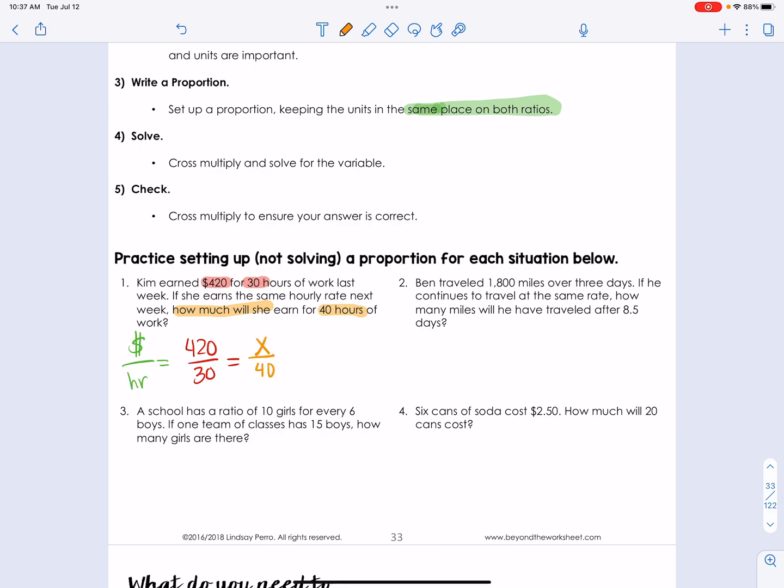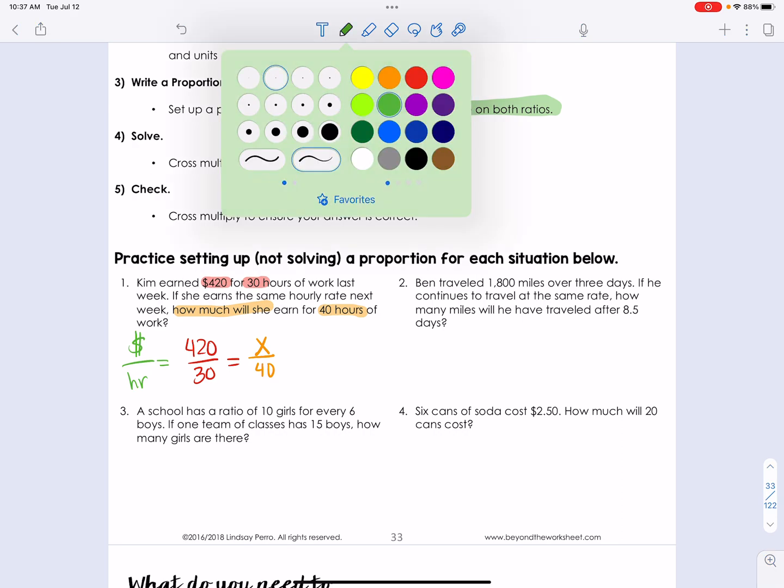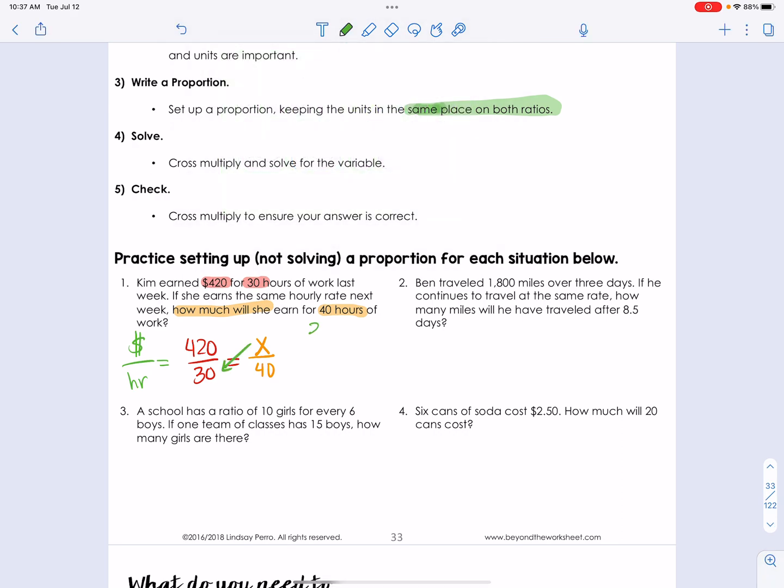So if I cross multiply, like I've been telling you, I start with the X. So that would be 30X equals, take out my calculator here, 40 times 420. Was a really big number, 16,800.